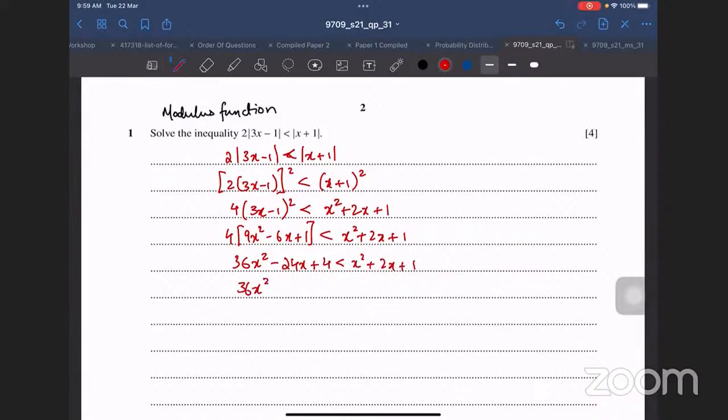Bringing everything on one side gives me 35x squared minus 26x plus 3.